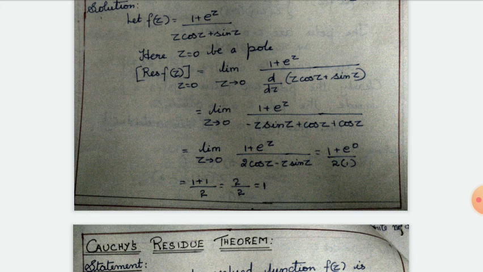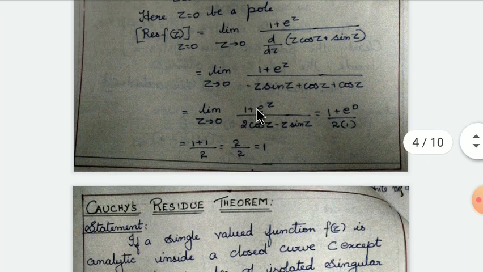Sometimes when we use Cauchy's integral formula for derivatives, the singular points have order more than 1. Here there is no such confusion. Very simple: Cauchy's residue theorem with the help of residue. So that's why it is named the residue theorem. We already know how to find the residues of f of z at each of its poles. Clear? Let us see the statement of the theorem.